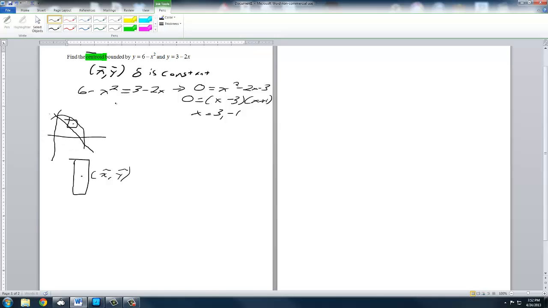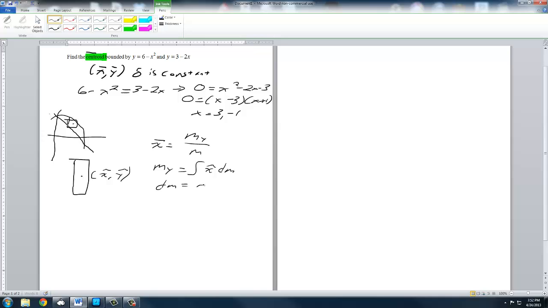All right, so what are we going to do first? Well, let's find x bar first. We know, hopefully, that x bar is equal to the moment about the y-axis divided by the mass. The moment about the y-axis is equal to the integral of x tilde times dm. What is dm?